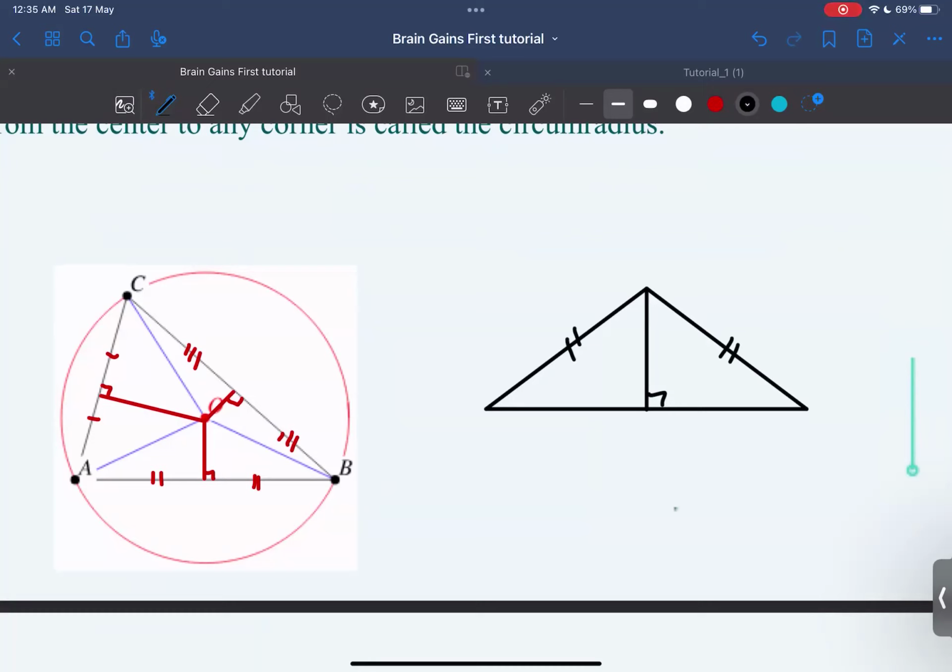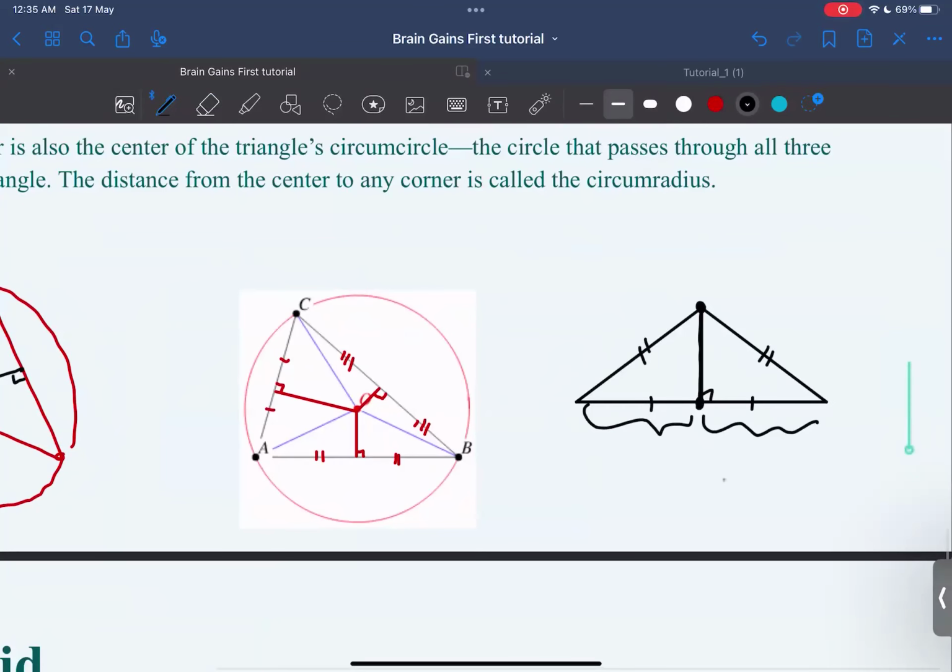If we draw the height from the vertex that is adjacent to our two equal sides, this line actually bisects the base, which means it cuts it in half. So this side would be equal to this side.